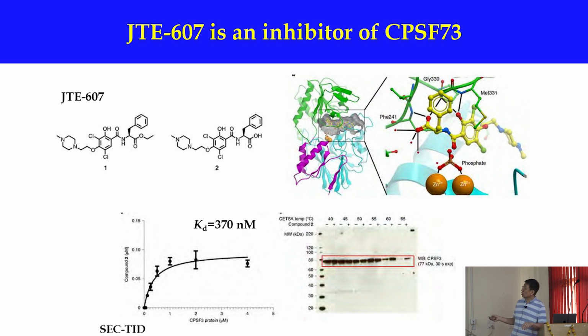More importantly, they determined the crystal structure of this compound bound to human CPS73. There are two zinc ions, and in this case, they see a phosphate bound to the zinc ions, the metal ions. The compound does not talk to the metal ion at all. It binds near the active site next to it, right here. Most importantly, remember the carboxylic acid is required for the activity? That's right here.